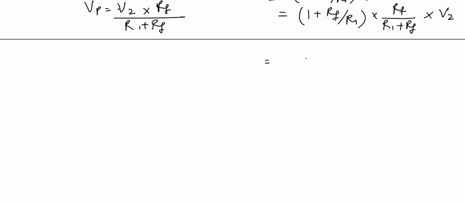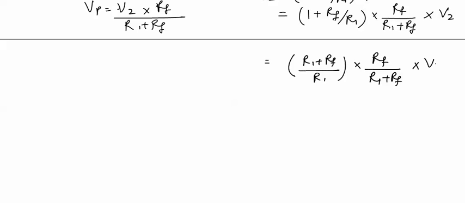Now cross multiplying, we get R1 plus RF upon R1 into RF upon R1 plus RF into V2. This will be cancelled out, will be equal to RF upon R1 into V2.